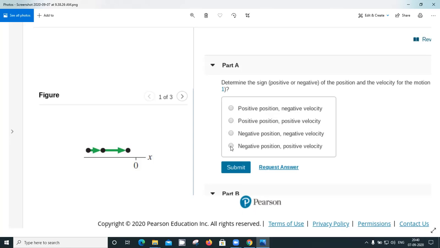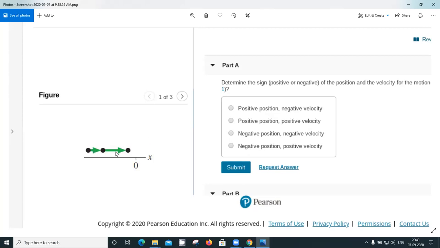Understood, right? Position is negative, velocity is positive, correct? Position is negative because x equal to 0 is here, so all these values are negative. This side is positive. So position is like -1, -3, something like that. But velocity is the direction of motion.